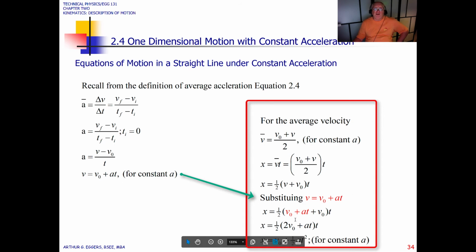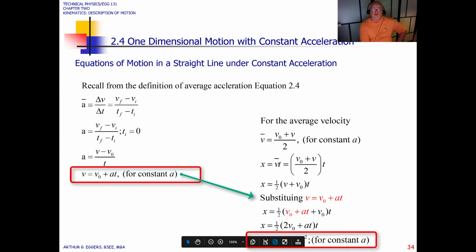Now we end up with an expression that says that the distance x is equal to 1/2 times twice the velocity naught plus the acceleration times time, all of that multiplied by time. And then combine our time factors into the expression and do some factoring. We end up with x is equal to v naught t plus 1/2 the acceleration times time squared. Again, this is for a constant acceleration.